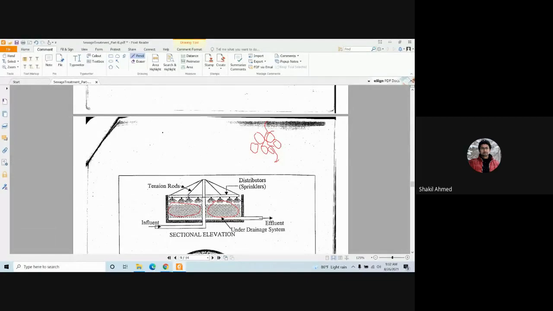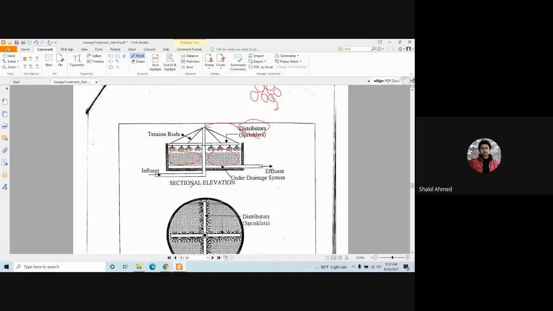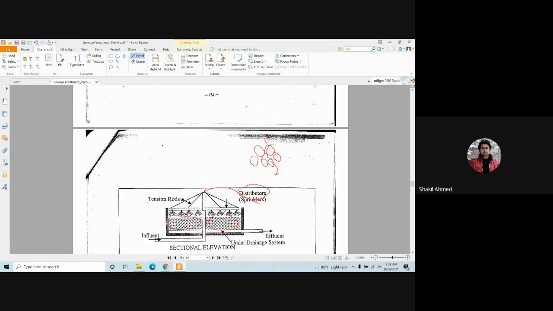These are the sprinklers, and through these sprinklers you distribute the sewage over the filter media, and the sewage eventually infiltrates or percolates through the filter media, and finally the effluent is collected.